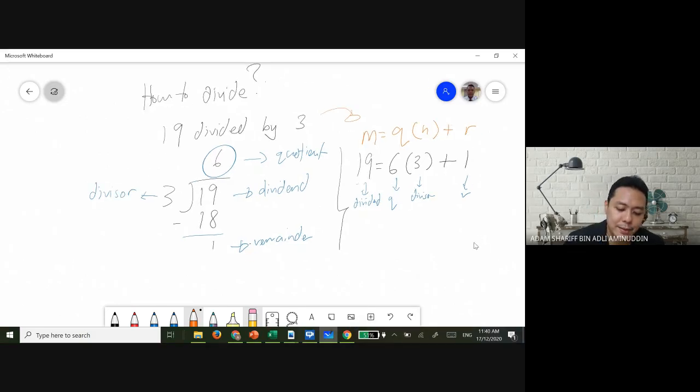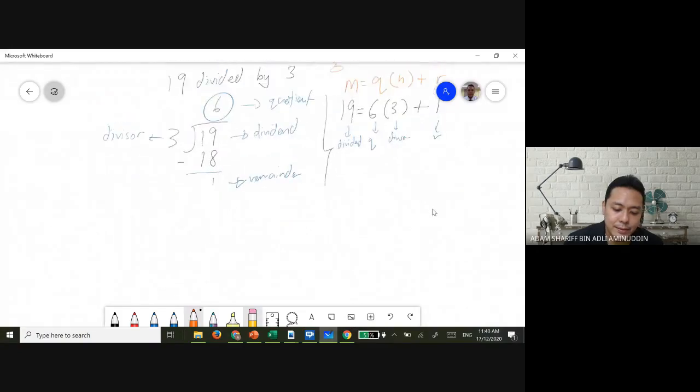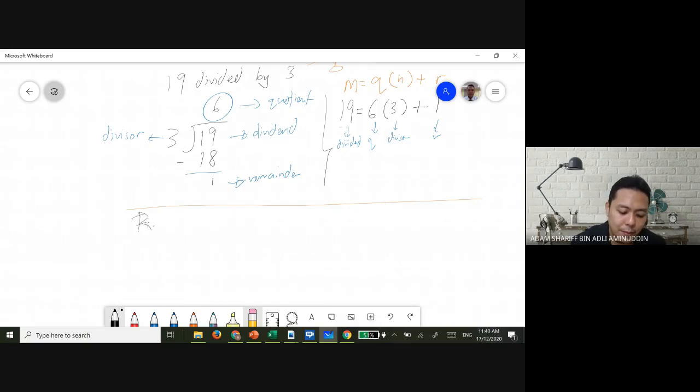So for example, represent 200 divided by 13, saya ambil besar sikit, by using division algorithm form.